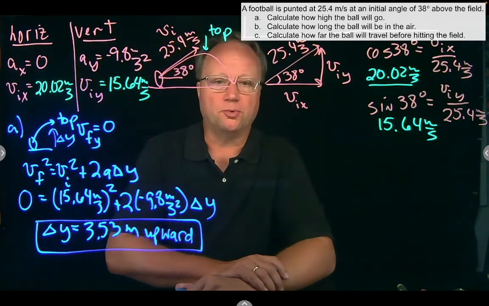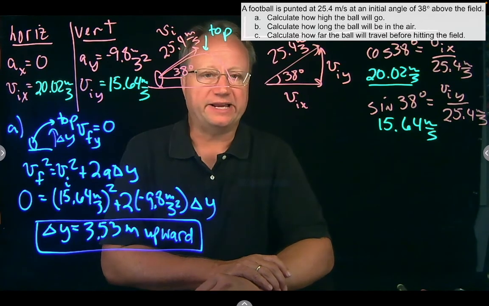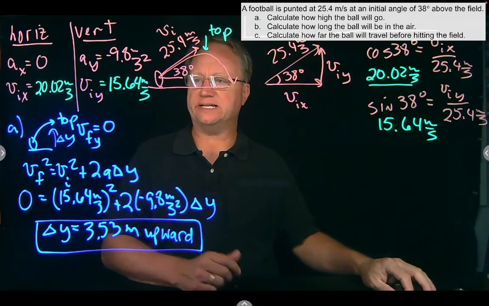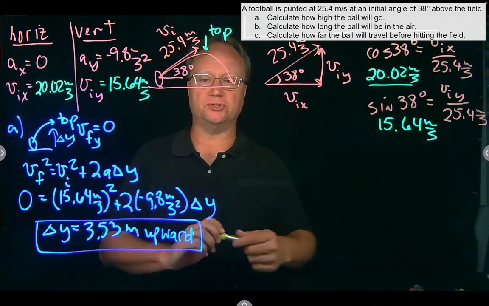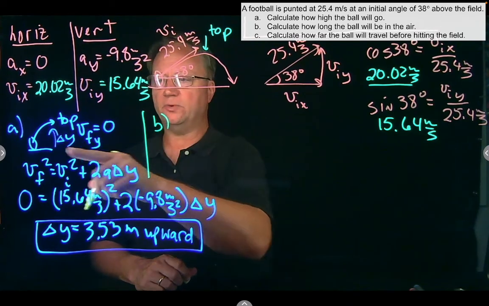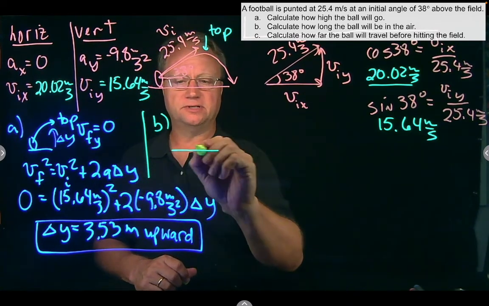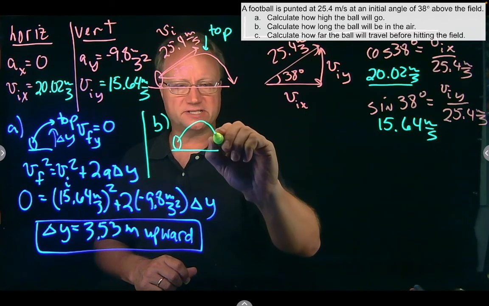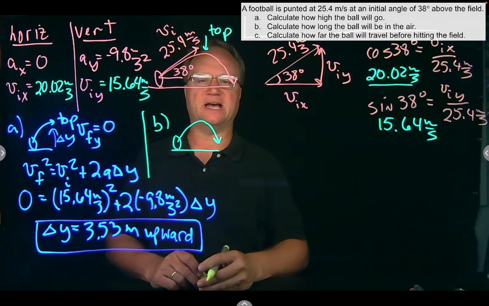Now, let's consider part B. Calculate how long the ball will be in the air. Well, it's in the air longer than just to get to the top. So on part B, we have to redefine our interval. Our interval now is the whole time it's in the air, so the ball has to go like that and come back down.